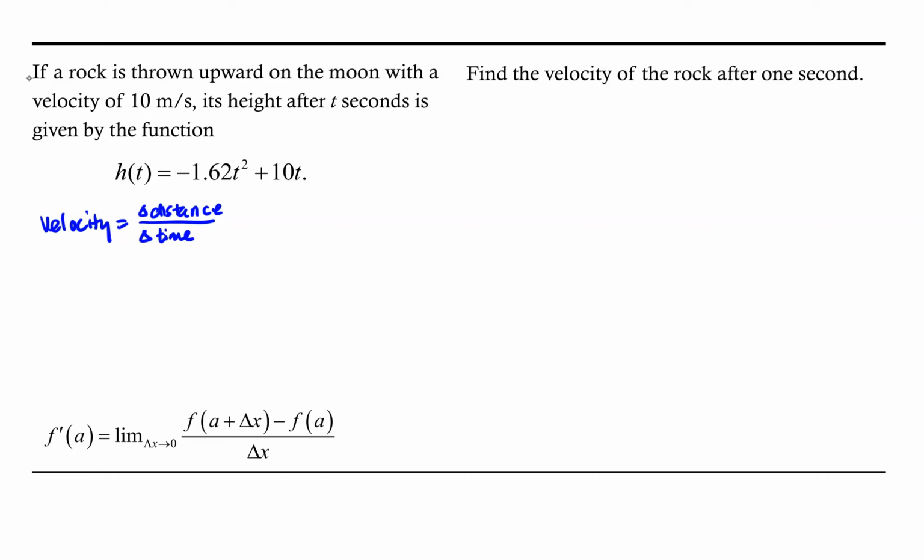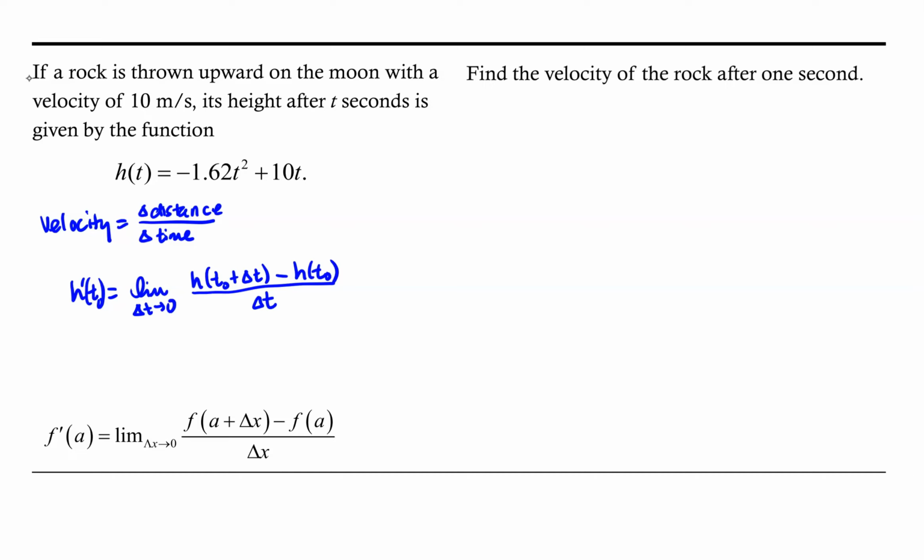And if we look at the derivative of our function here, so the limit as delta t goes to 0 of h of t naught, so a specific time, plus delta t minus h of t naught over delta t, which would be h prime at t naught.